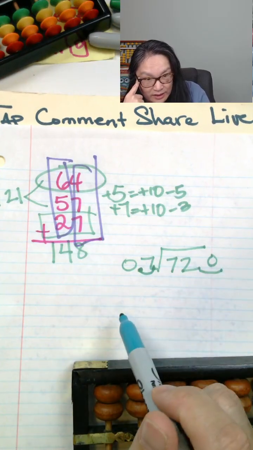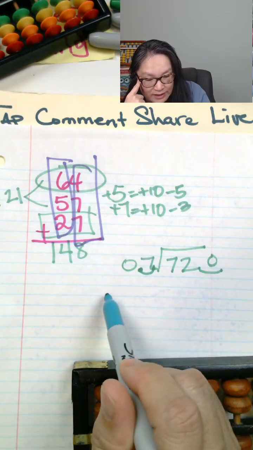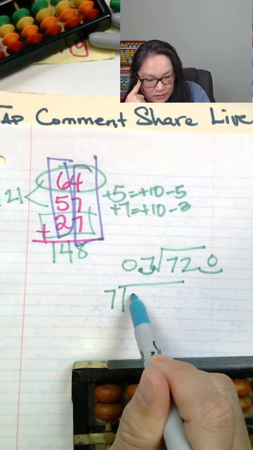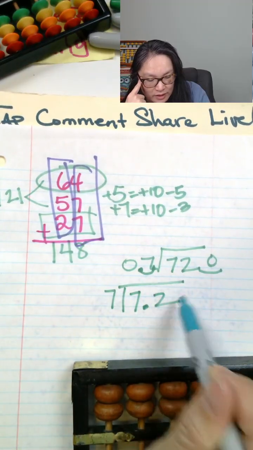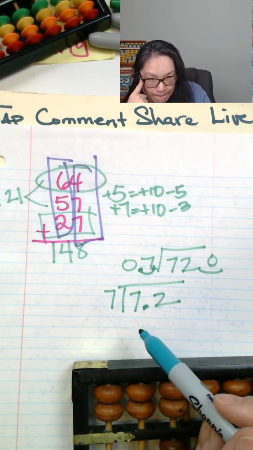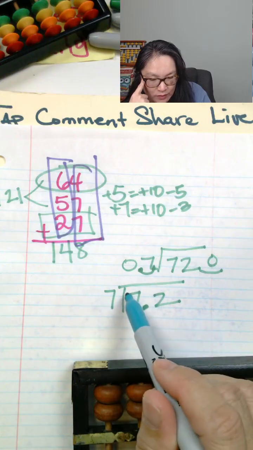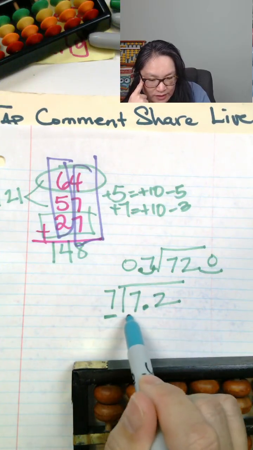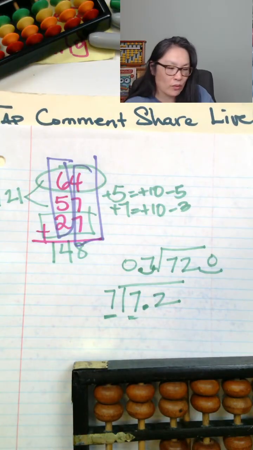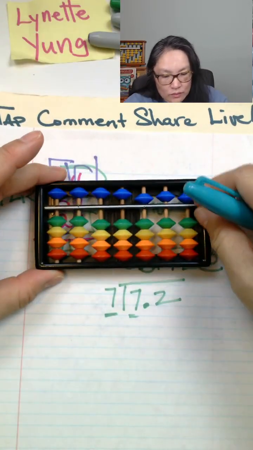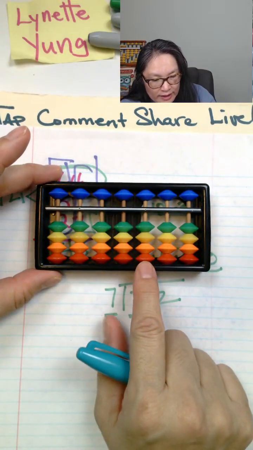Even if we did it this way, 721, it's still the same. So then we figure out what our starting point is. We have one divisor and one dividend. It'd be 1 and 1 is equal to 0. So we would start over here, right?